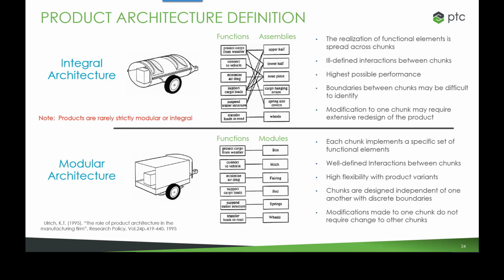We can modify one of the chunks or one of the modules, and it shouldn't have a major impact on other parts of the system. If it does, we can see and understand that quite clearly. So generally, a modular architecture is preferable. It's more efficient. It's a better structure, better organized. It helps with maintenance and change and reuse.